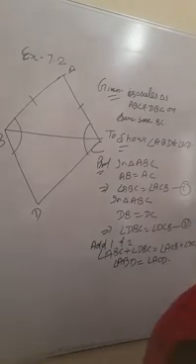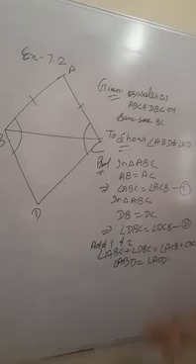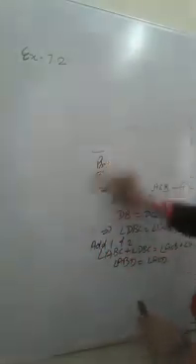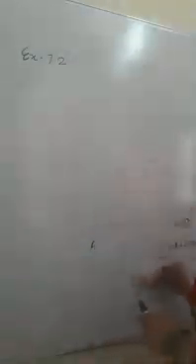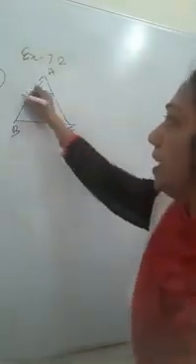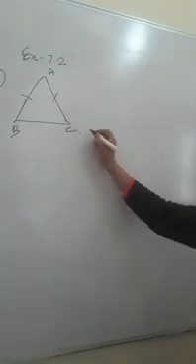Now we will do question number 6. Triangle ABC is an isosceles triangle in which AB is equal to AC. When a triangle is isosceles, it means its two opposite sides are equal. So here in question number 6, it is given to us triangle ABC in which AB is equal to AC.